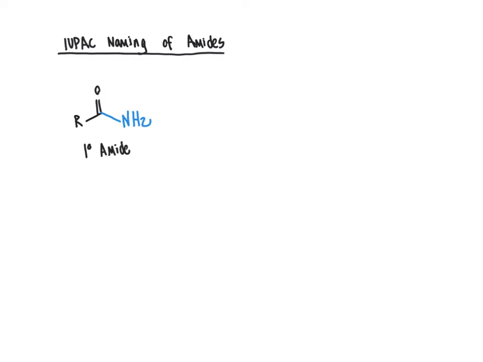So the primary amide, much like the term primary has meant in the past with primary amines, for example, means that there is only one bond between nitrogen and any carbon atom. So this carbonyl nitrogen bond is the only carbon-nitrogen bond here. So that's that.